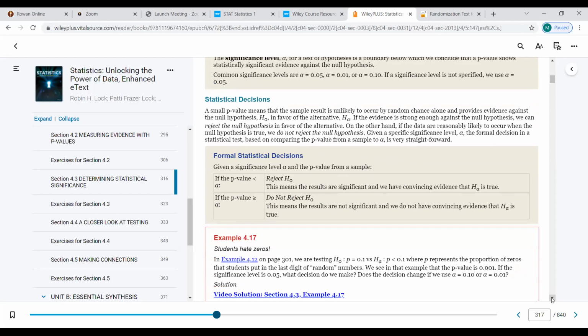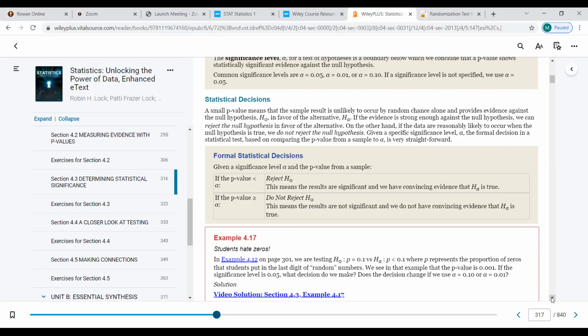This is the determination of whether you reject or not reject the null hypothesis in a formal way. If the p-value that you calculate using your test statistic is less than alpha, the level of significance that was selected before the research was done, then we will automatically reject the null hypothesis.